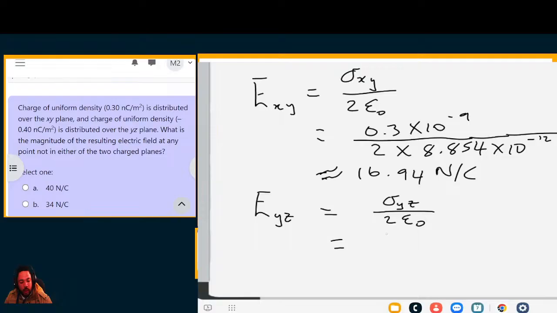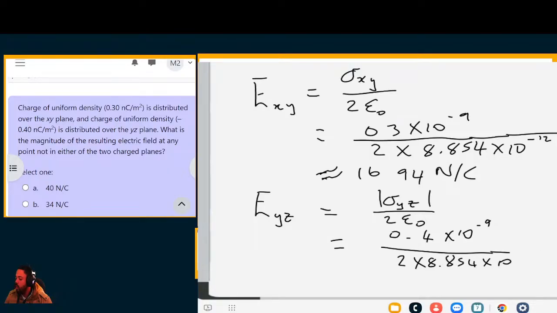So it'll be 0.4. Remember, we're taking the absolutes, so we just don't care about the sign. It's 0.4 times 10 to the negative 9 over 2 times 8.854 times 10 to the negative 12.